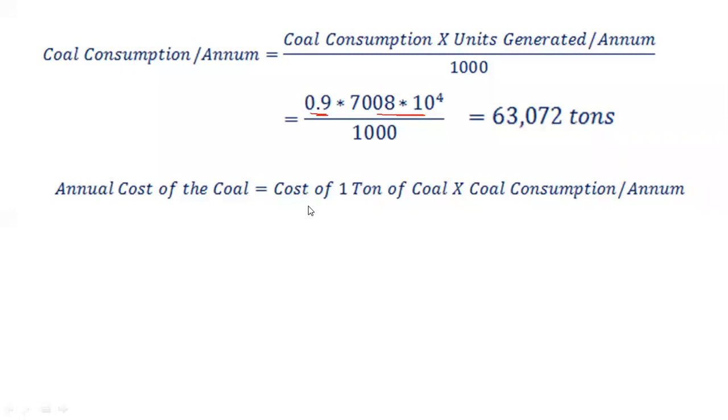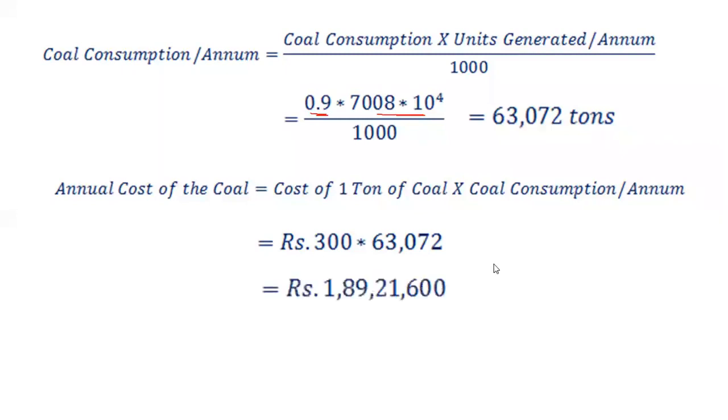Substituting these two values, we get the answer, that is rupees 300 into 63,072. The final cost is 1 crore 89 lakhs 21,600 rupees.